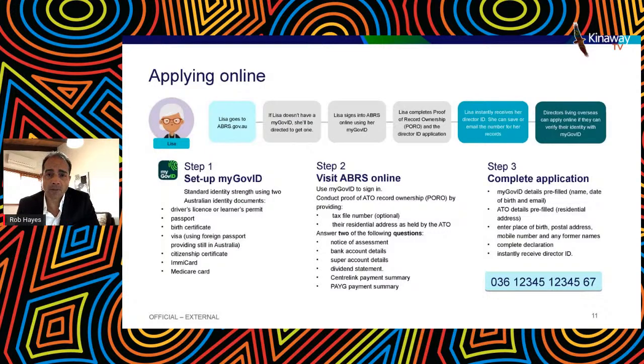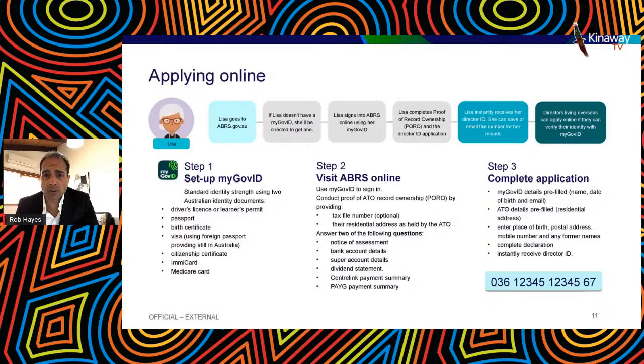There are a couple of different identity strengths that can be applied for through the MyGov ID service. Those who are using a passport, for example, can qualify for a strong identity credential.